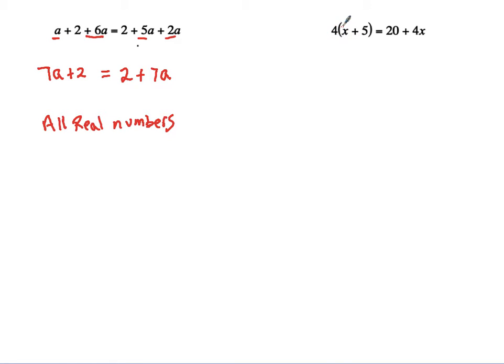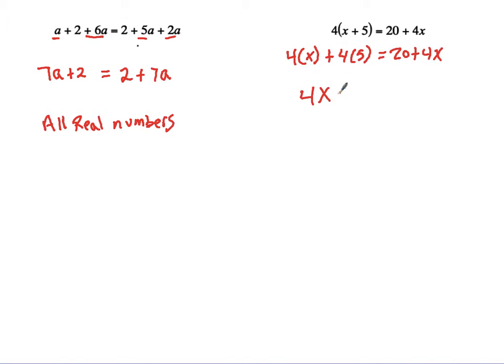All right, this one we have parentheses. So 4 times x plus 4 times 5. And that equals 20 plus 4x. So now 4 times x is 4x.